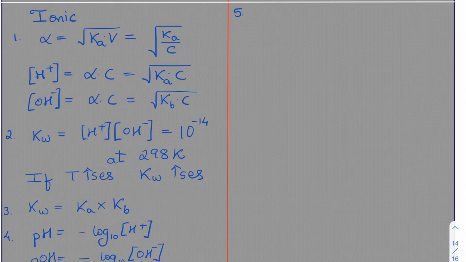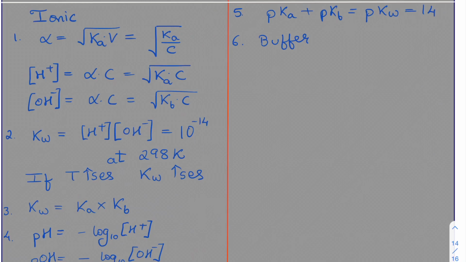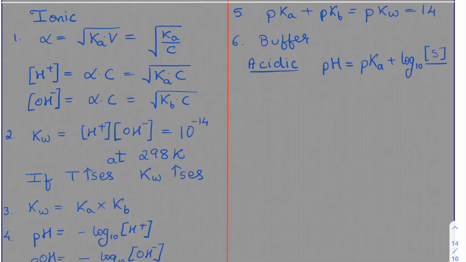We can even make use of the formula pKa plus pKb, which is equal to pKw, which is 14. Buffer solutions. In buffer solutions, you could be having acidic buffer. For acidic buffer, you have the formula pH is equal to pKa plus log to the base 10 of concentration of salt upon concentration of acid.